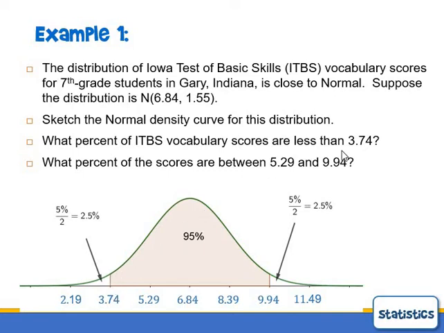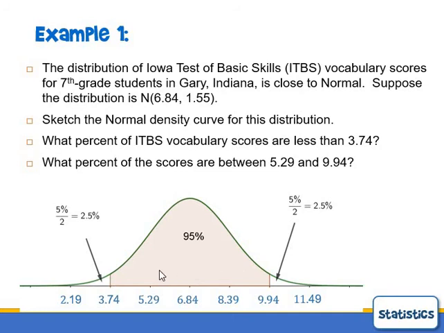We want to know what percent of the scores are less than that, so I'm really looking for the area that this arrow is pointing to, which winds up being 2.5%. We're trying to find the area below 3.74, to the left of 3.74 in the picture. I always say above and below, above being to the right, below to the left, but on the picture you're above the axis, below the graph, and to the left of 3.74. So that's the area we want.